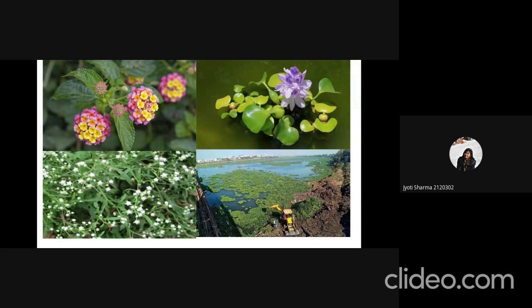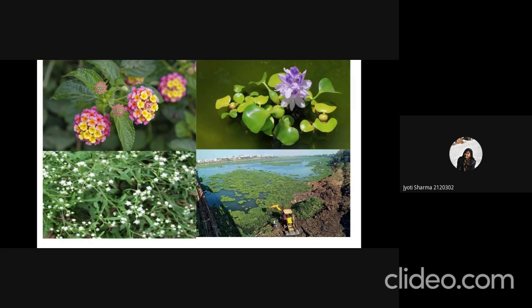And one more point is that it releases some chemical in the soil or in its environment in such a way that it inhibits the growth of other plants or other species, so it just destroys different types of species. This is the kind of competition due to invasive species.